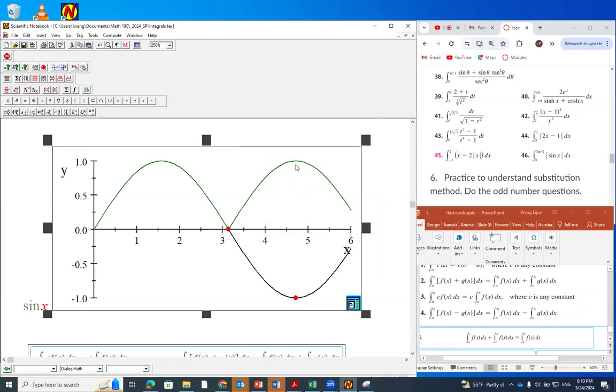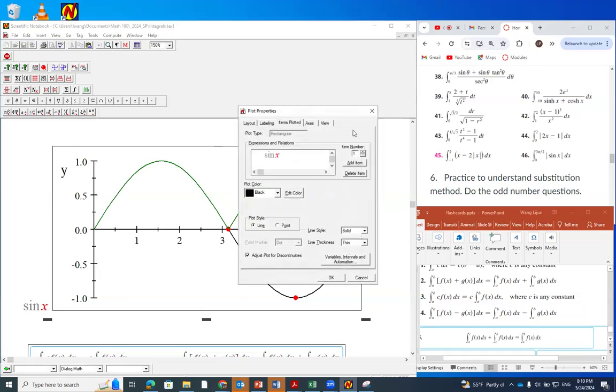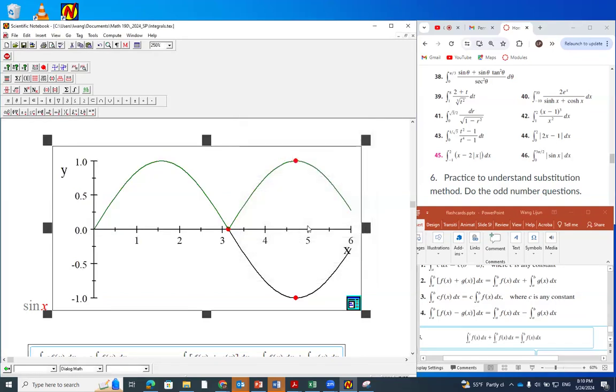So we really are trying to find the area. Let me enter another point. Whoops. Delete. So at this point, you can see the flipping over right there.